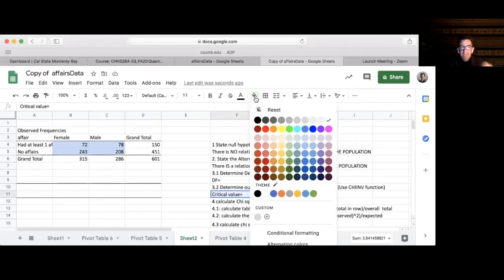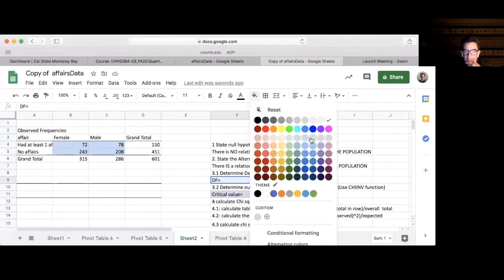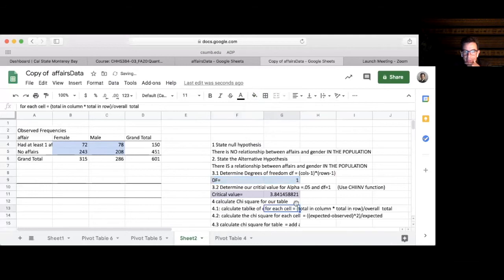Now, what does that mean, right? This critical value, what does that mean? Remember, this is what the chi-square distribution looks like for the chi-square statistics of tables coming from a population where there's no relationship, right?